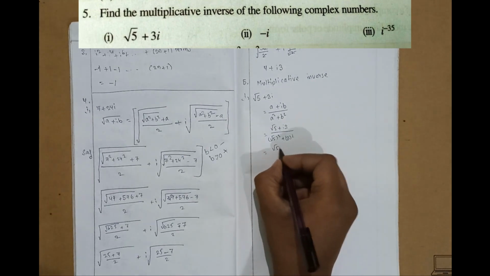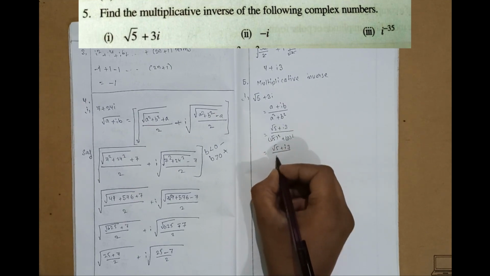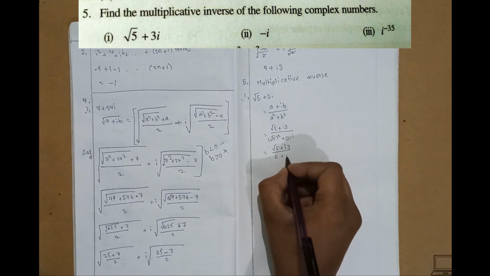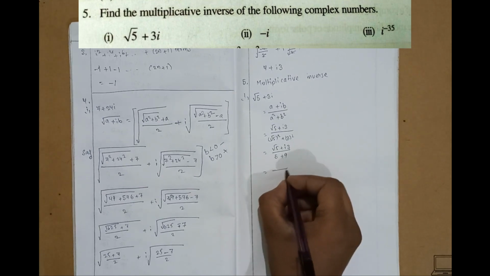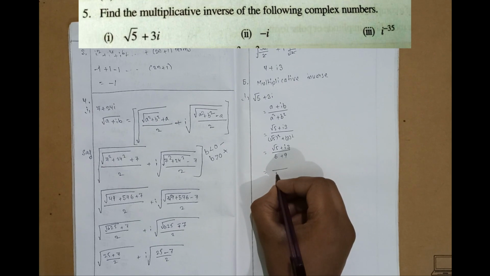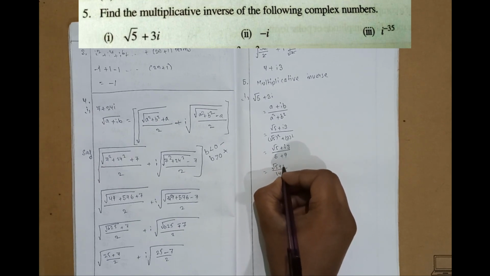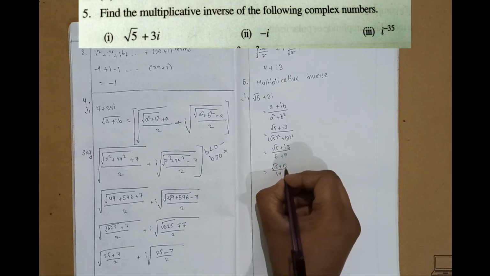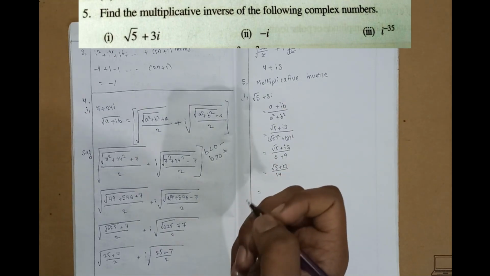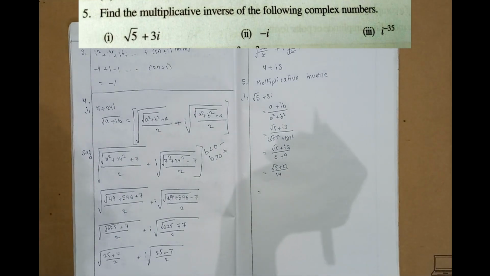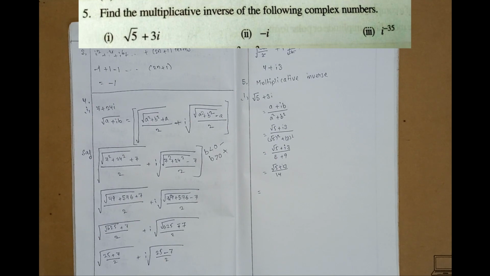Root 5 plus i3, and root and square will get cancelled. So 5 plus 9 means 14. 14, root 5 plus i3. So that's the answer. Here is the multiplicative inverse of the first one.